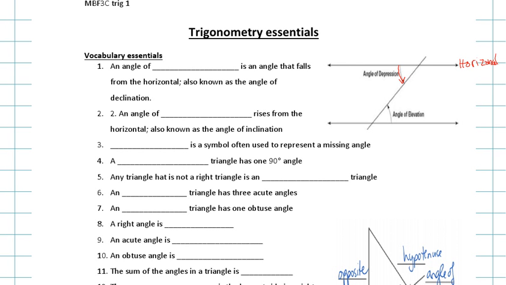And if I have a line that's drawn, the one that's falling from the horizontal, we call it the angle of depression. So you have to be careful when the question says angle of depression. That means it's the angle that forms from the horizontal down.